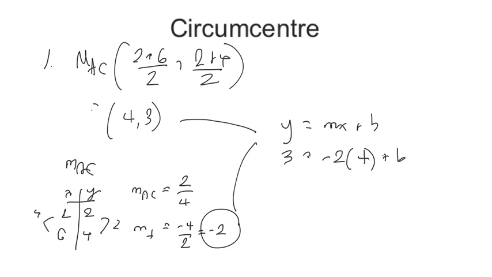So 3 is, negative 2 times 4 is negative 8, plus b. Add 8 to both sides, and I have 11 equals b. So the equation of that first perpendicular bisector is y equals negative 2x plus 11. Alright, so that's the first one. That was the perpendicular bisector of AC.